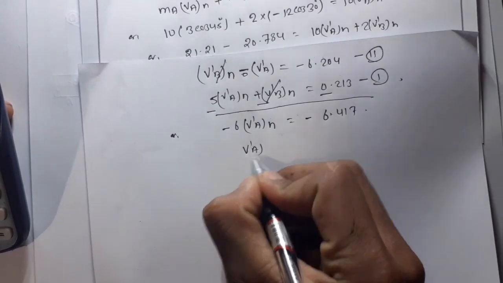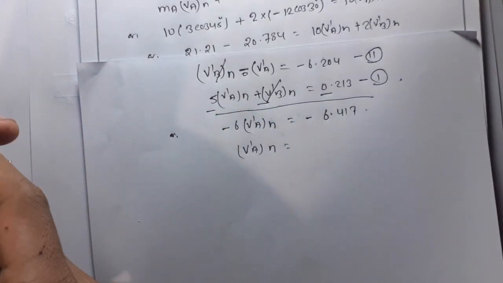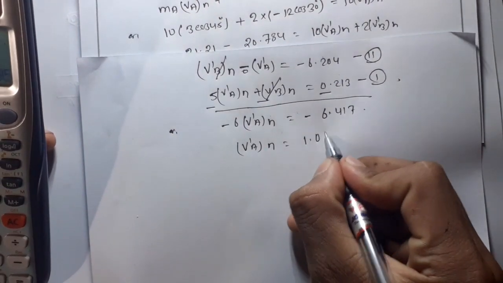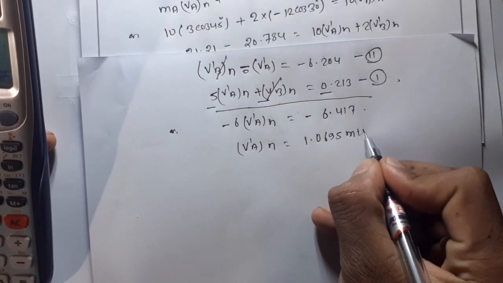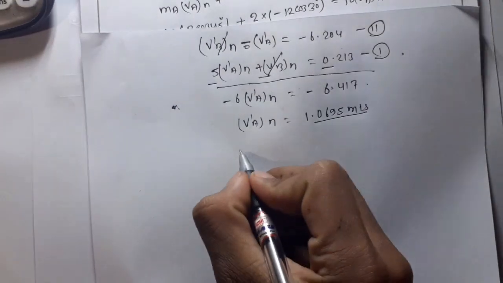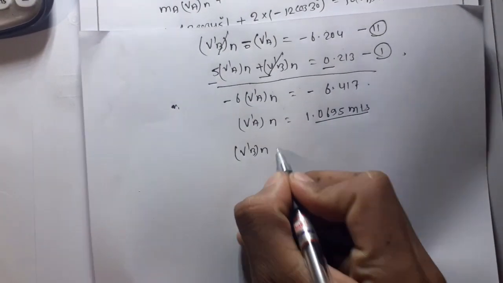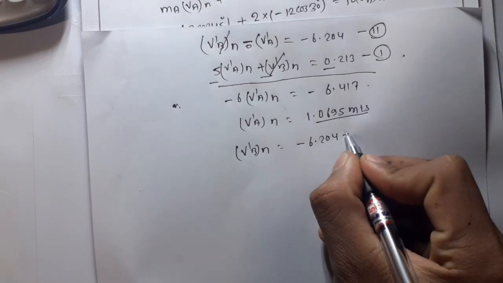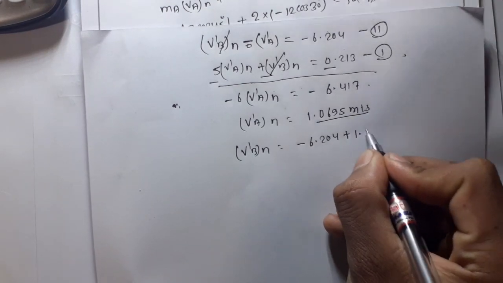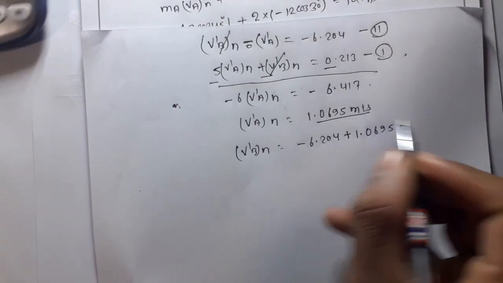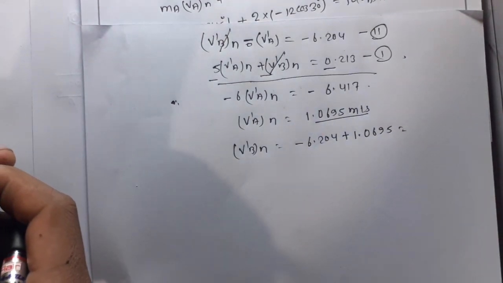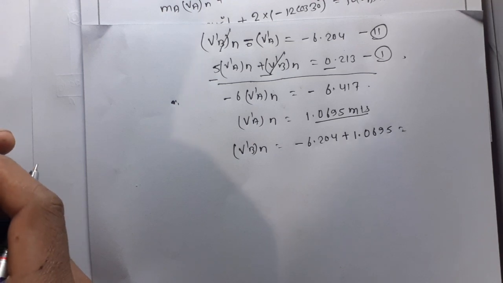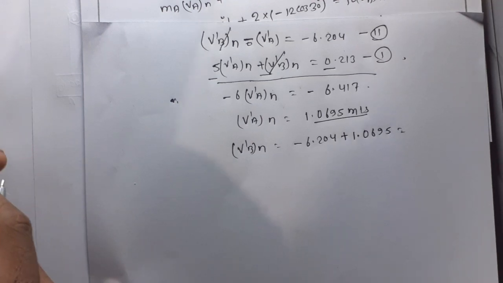So v'An is 6.417 divided by 6, which is 1.0695 meters per second, and v'Bn is equal to minus 6.204 plus v'An, which is minus 6.204 plus 1.0695.